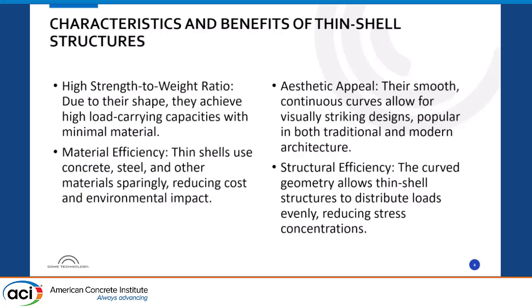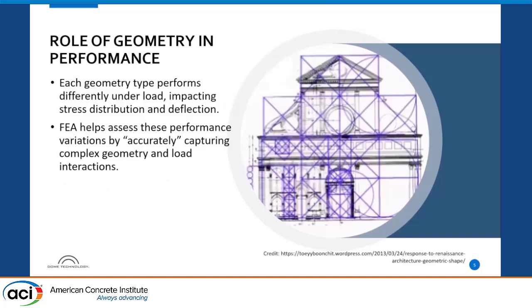I think all of us, when we see thin shell structures out there, whether concrete or steel, it always makes us stop and say, that's not a post and beam structure. That's something different. And that geometry makes them unique to look at and to appreciate, and additionally helps with their strength.